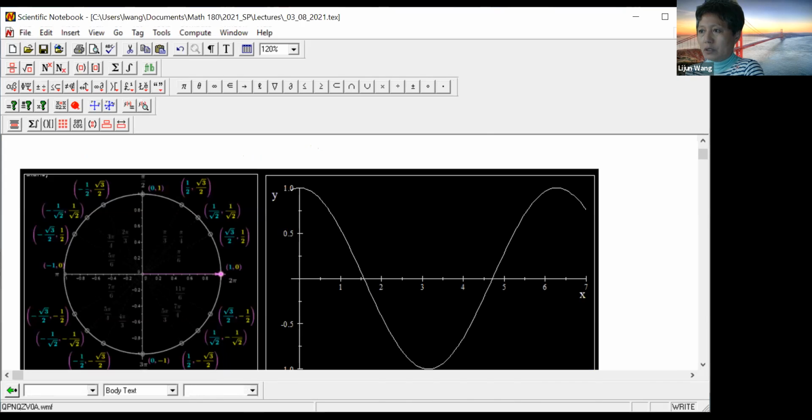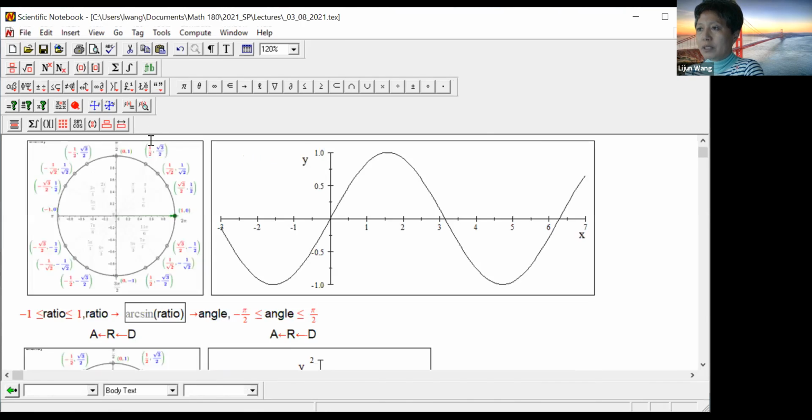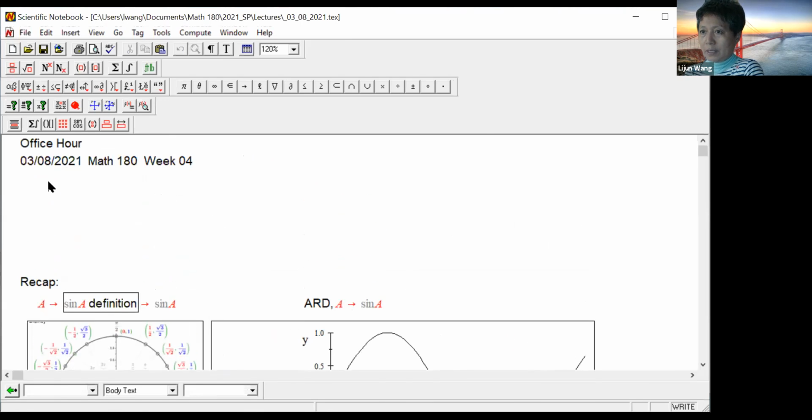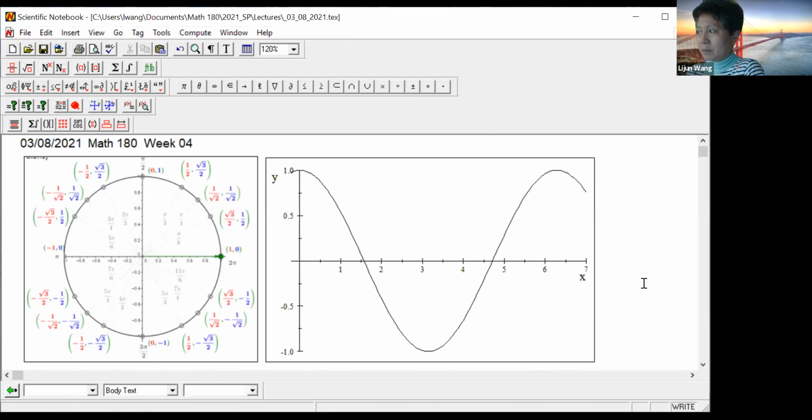I have put together a similar setting. We talk about sine, we're going to talk about cosine, and we're going to talk about tangent and arctangent. These three functions are very, very important functions that you are going to use in trigonometry and calculus classes.